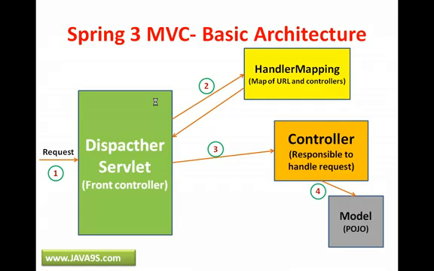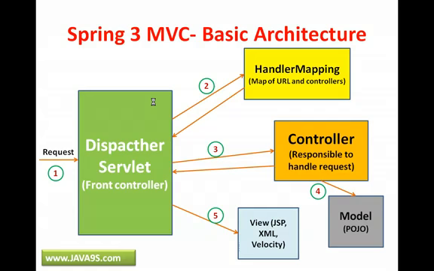I told you that the model can be your service layer or your DAO layer, something which can get some information from the database, or even a POJO into which the controller can put some information. Once the process is done, the dispatcher servlet will get the response, and then it initiates the view resolver to build the view.